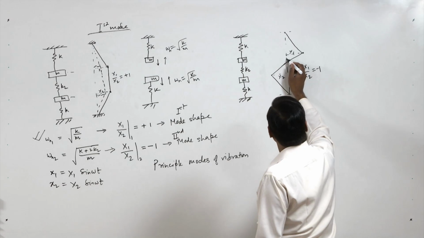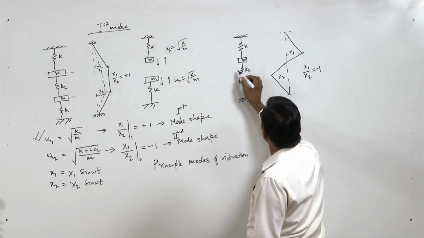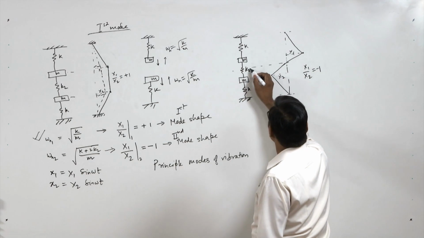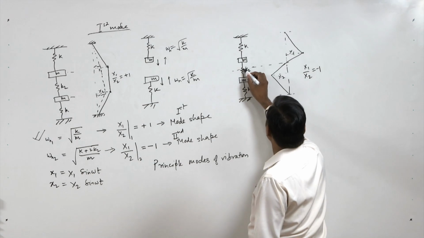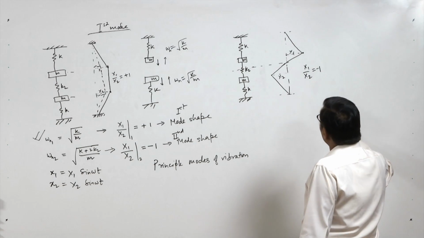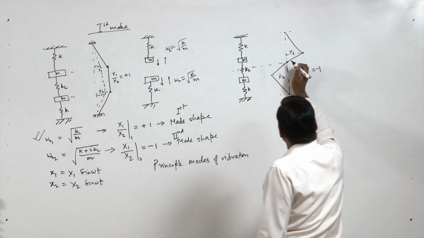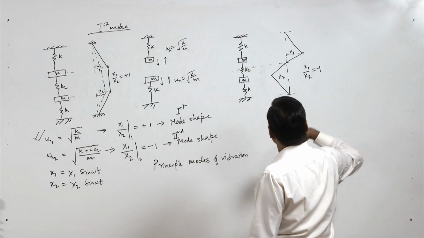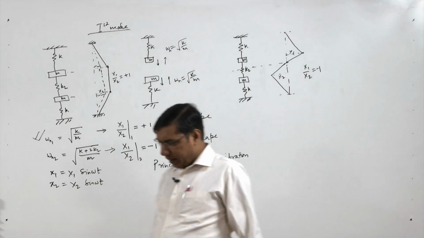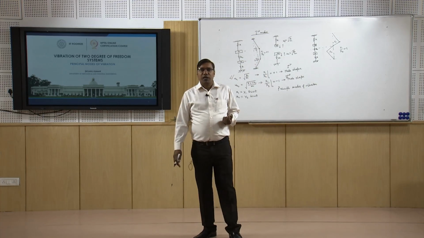Now, in this case, this is the point corresponding to the center of the middle spring. We see that this point is always grounded, it is fixed.